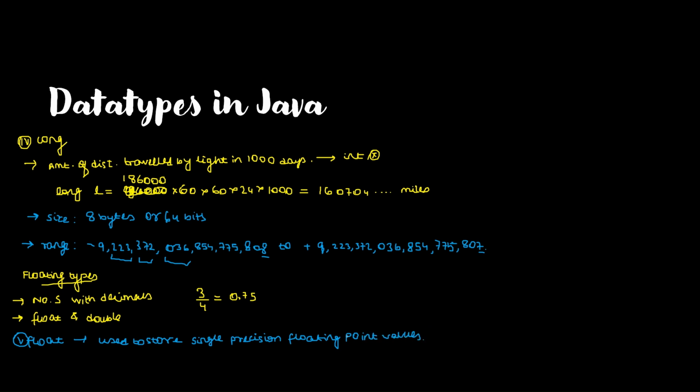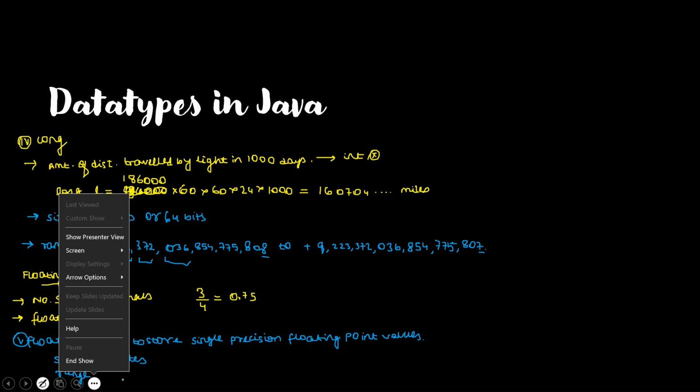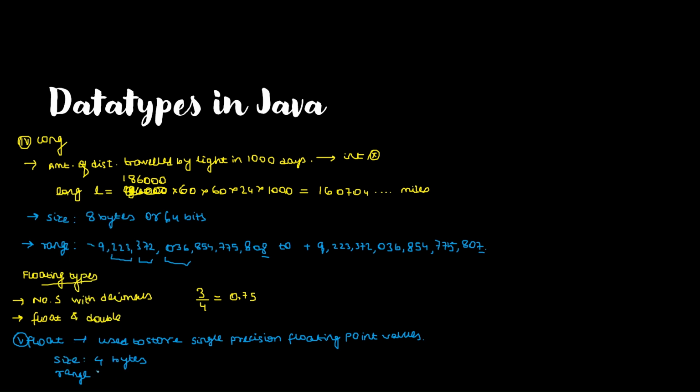And if we talk about the size of the float data type, it is of course 4 bytes, and it has a range of, oh, I'm sorry. It has a range of, I suppose, a negative of 1.7 E32 to a positive of 1.7 E32. Now you can really evaluate it. I don't properly remember what's the range for float and double, but I suppose this should be the one.